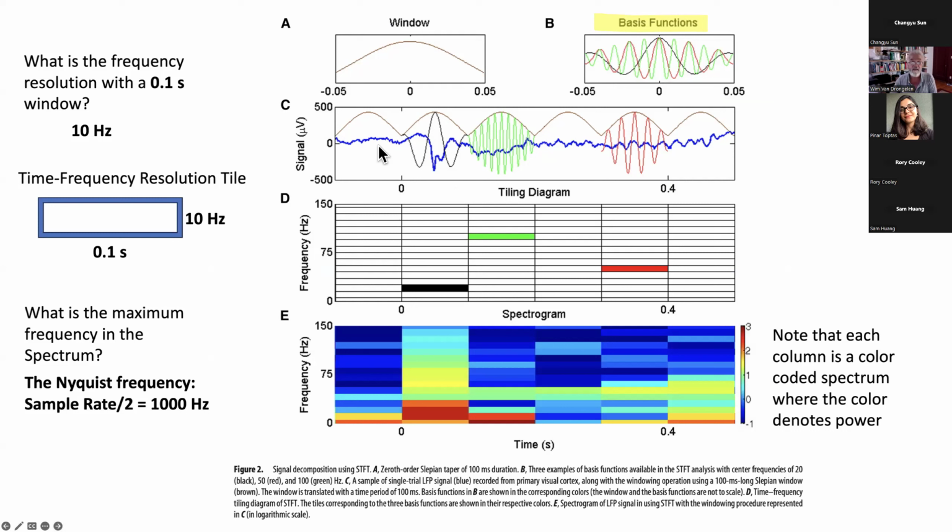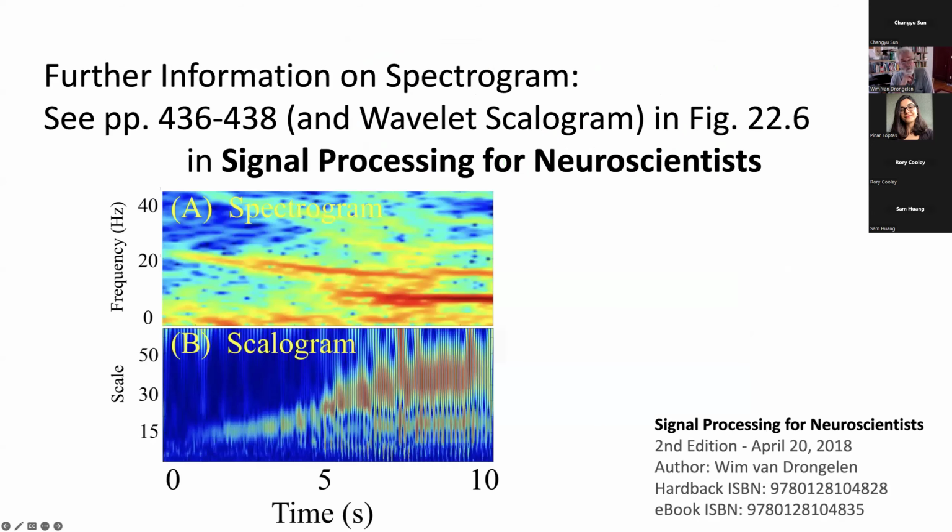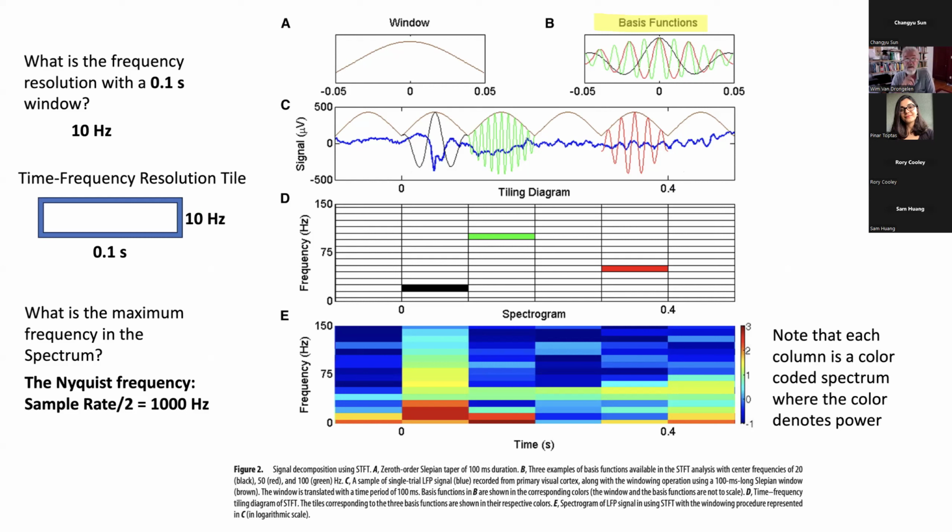You have to realize that now per window, you are going to get a power spectrum. So you get a power spectrum here, a power spectrum there, and so on. That power spectrum you can now represent by this tile diagram. The reason is as follows: you have a time resolution of 0.1 second, which is in this case the step of your window, from minus 0.05 to 0.05, so the total is 0.1.